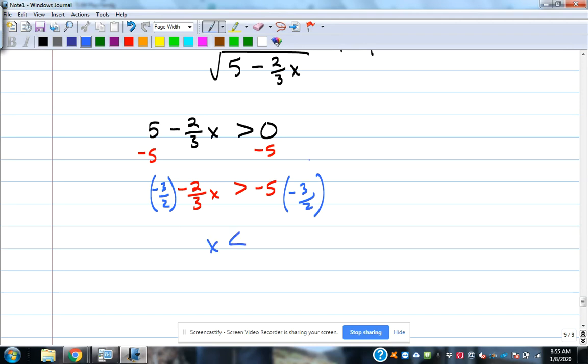Flip the symbol. That's going to be positive 15/2. That's not bad. All x's, as long as x is less than 15/2. And then in interval notation, what would that be?